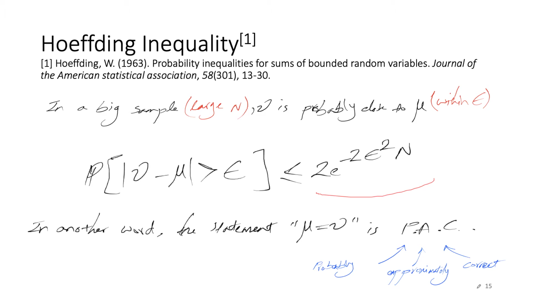So if we carry on taking draws, we are hoping that the mean and the mean of those out of samples are going to get close to each other. Probably approximately, they're going to get close to each other.